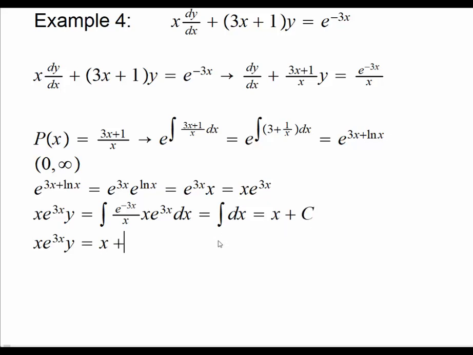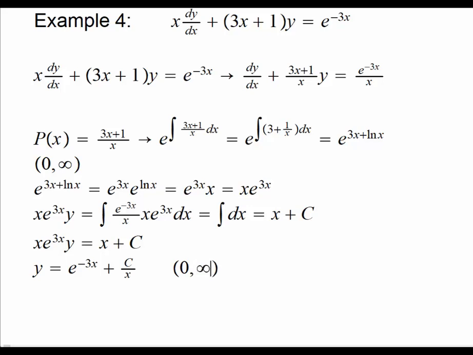So we have a constant c, and when we solve for y, what do we get? We get y equals e to the negative 3x, plus c over x. And don't forget that our solution is valid in the interval 0, infinity.